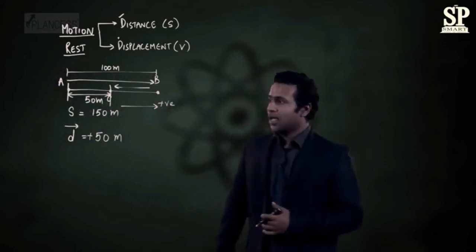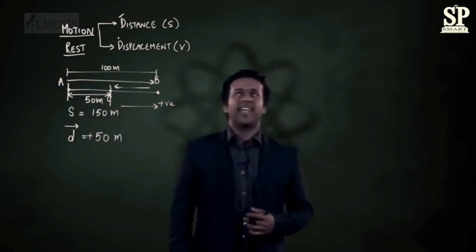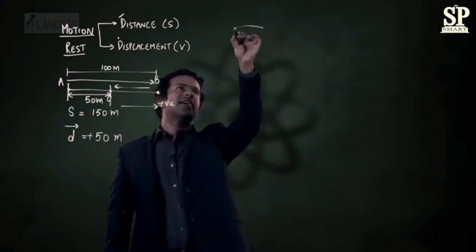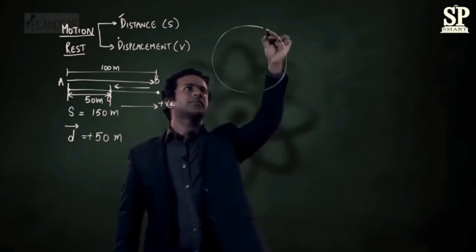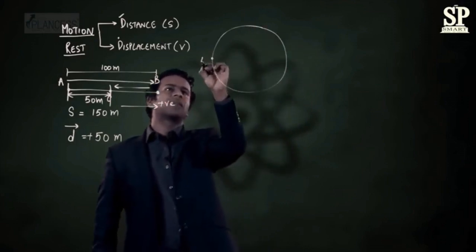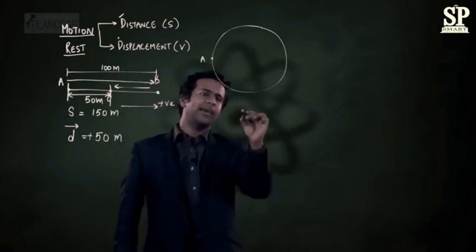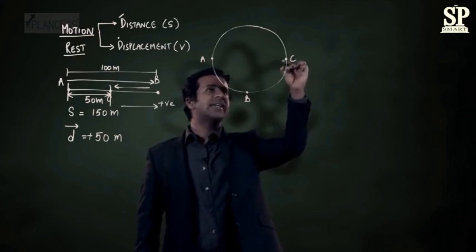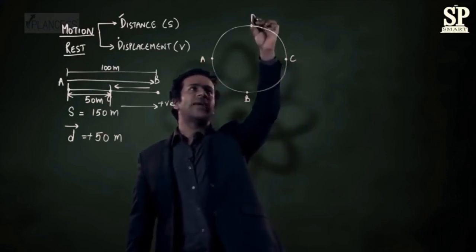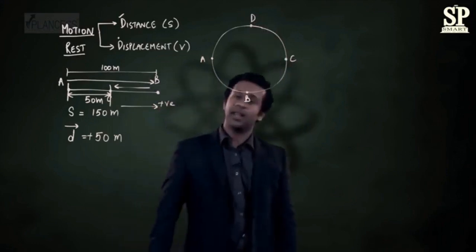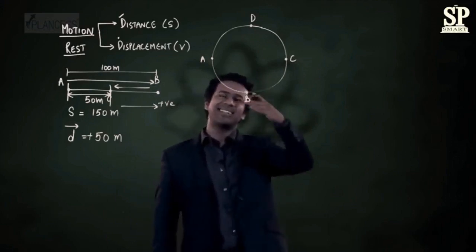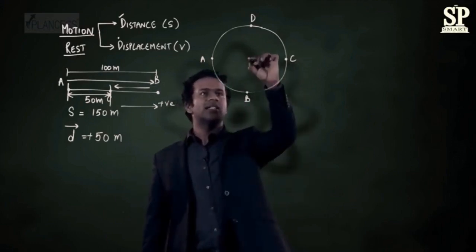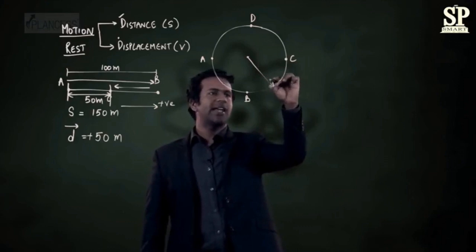Right. Let's take a slightly more tricky example. Let's say that a particle goes from point A to point B, then further moves on to point C and finally reaches point D. It is given that the path it is taking is basically a circle of radius 10 meters.